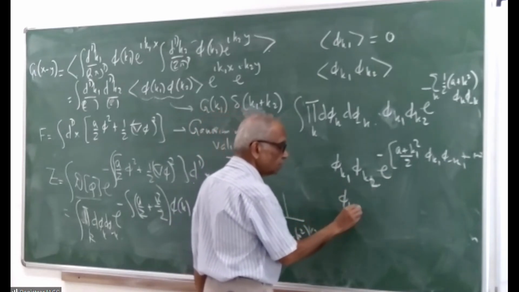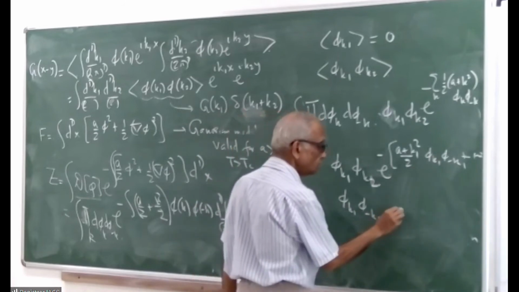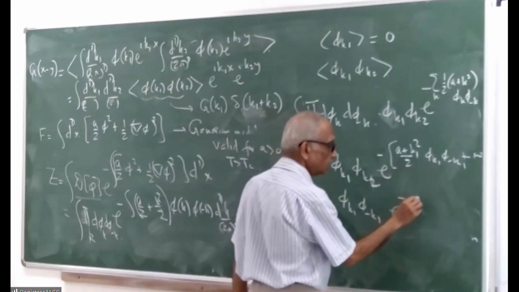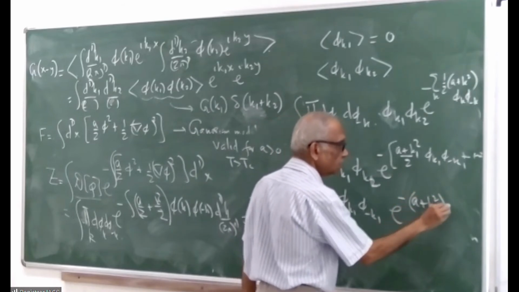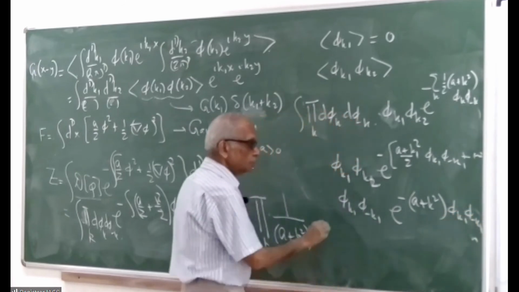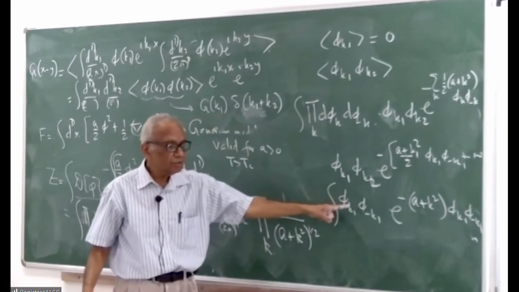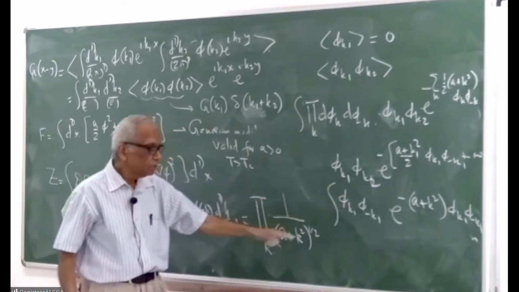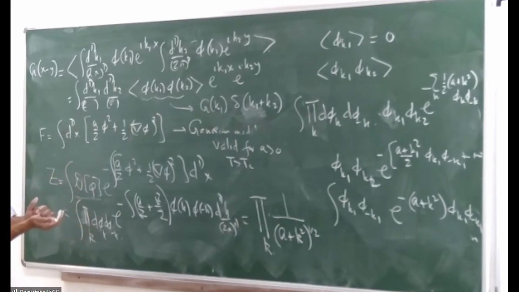So it is phi k1, phi minus k1, and what you have over here is a plus k squared into phi k1, phi minus k1. That is the part which is going to give you an answer, where everything is divided by z in the expectation value.